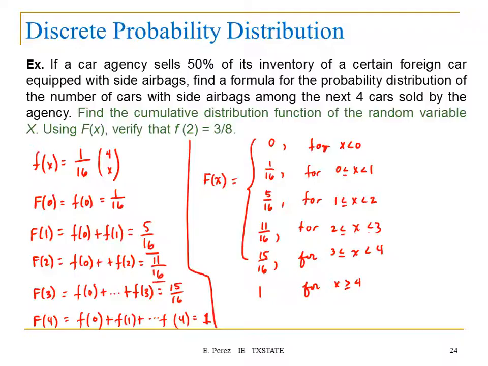If you want only the value for 2, then the only thing you need to do is subtract the cumulative before 2 from this number. So f of 2 will be equal to the cumulative for 2 minus the cumulative of 1, that is 11/16 minus 5/16, and that's 3/8.